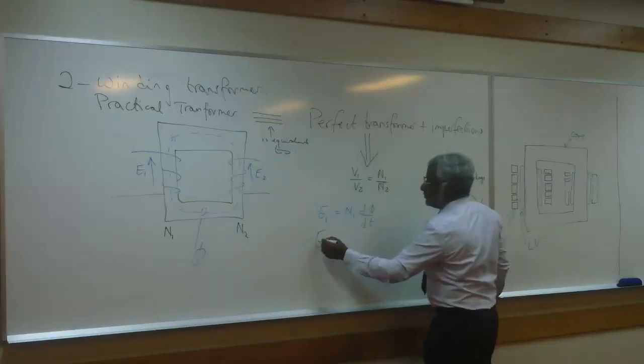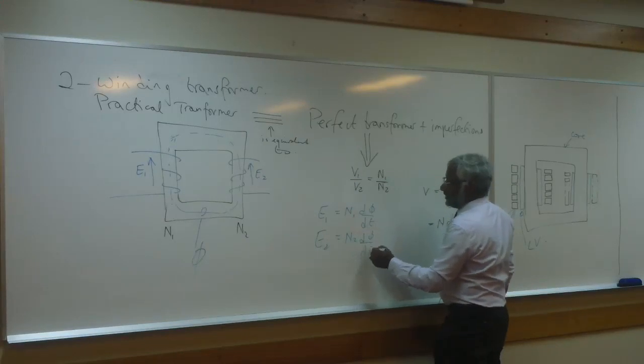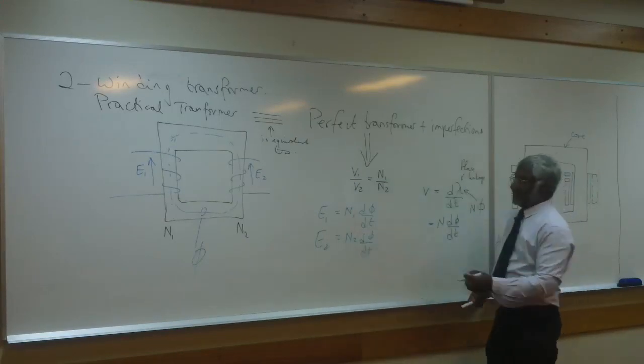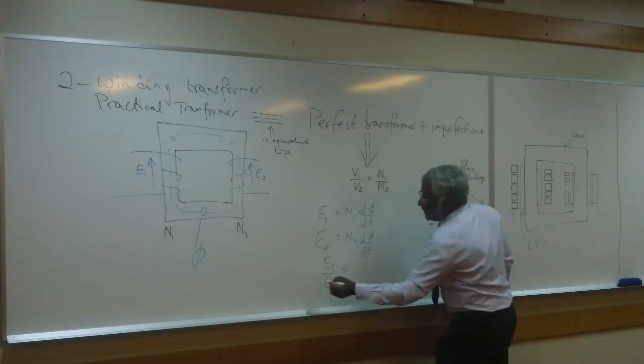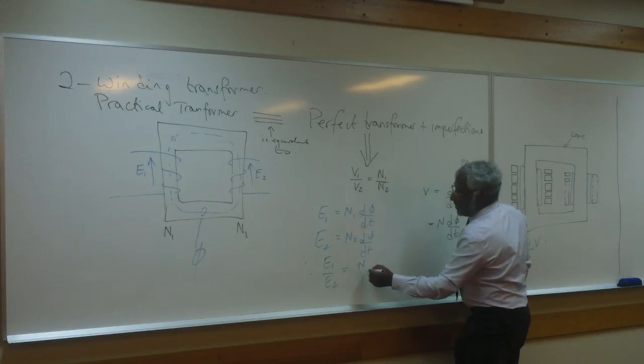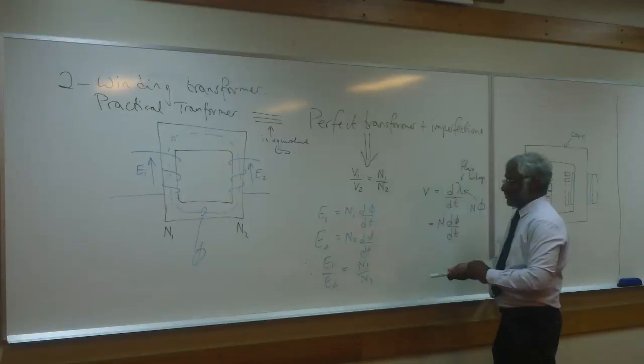And E2 is equal to N2 d phi by dt. And you can see from there you get E1 over E2, so therefore, E1 over E2 equal to N1 over N2. So this here is Faraday's law.